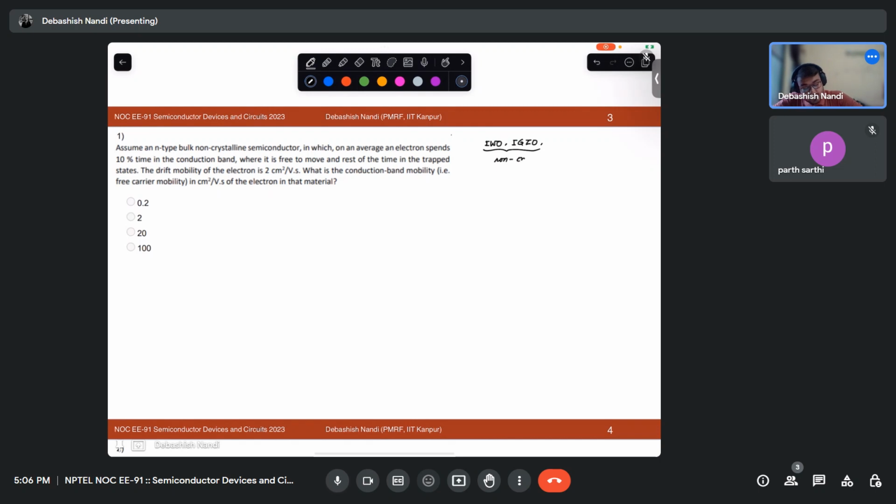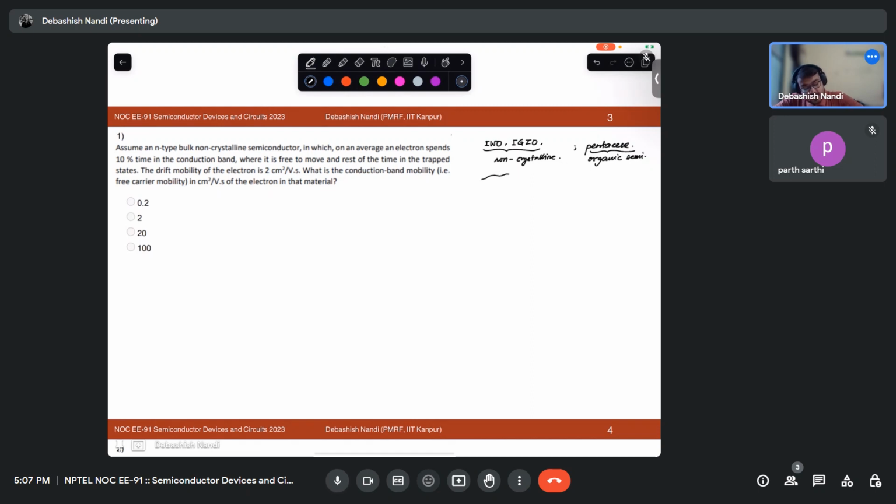Non-crystalline. Also there are certain organic semiconductors present, for example pentacene. These organic semiconductors are by default non-crystalline, or the better word, amorphous organic semiconductors.